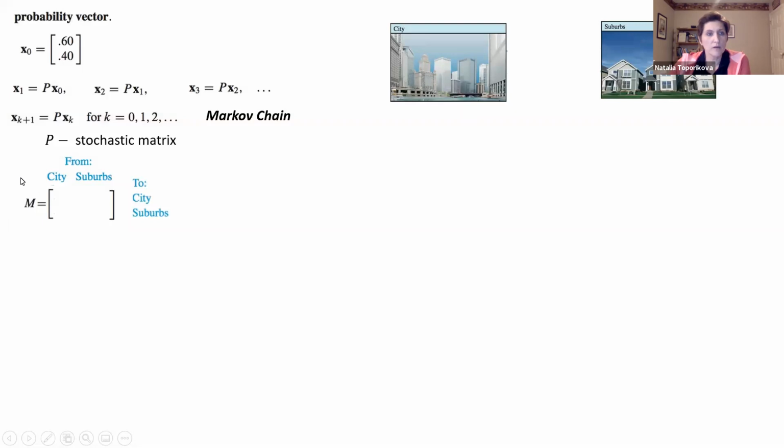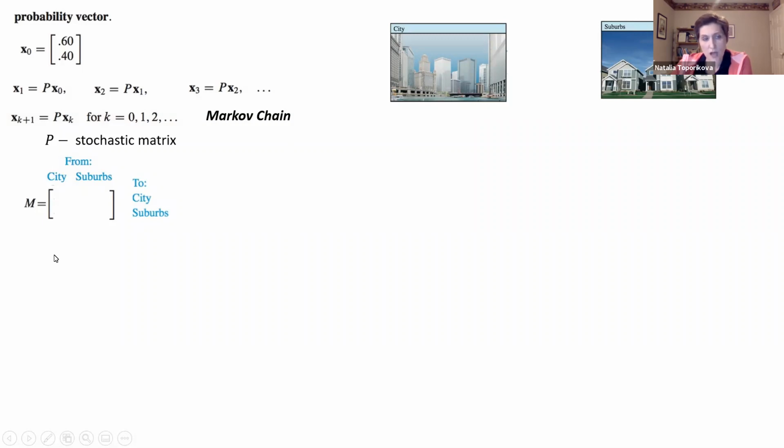We call our stochastic matrix of the movement between city and suburb M. I know I introduced P before, now it's M. Not ideal, but this is how the book treats it, and I will do my best to explain your book material. Okay, so our movement matrix. We put the movement from a region in the column.